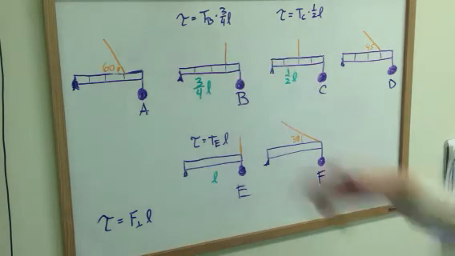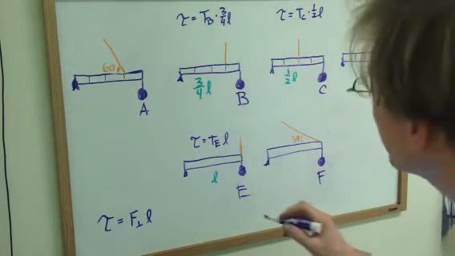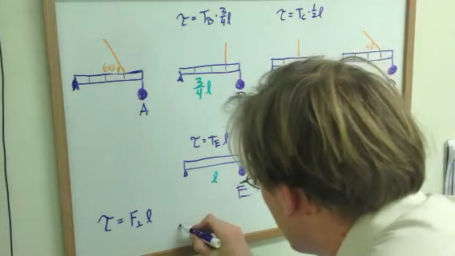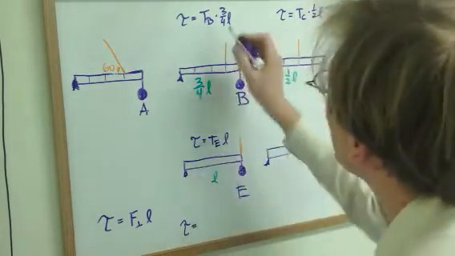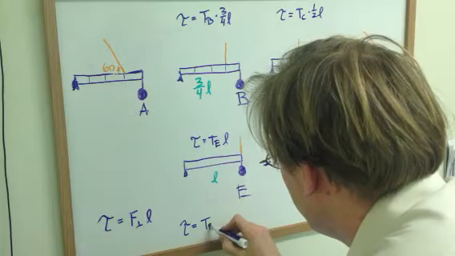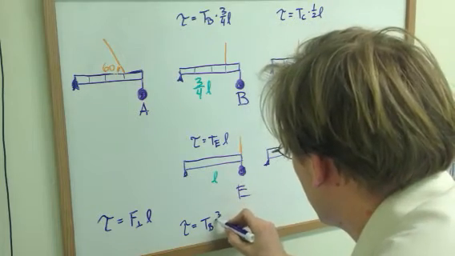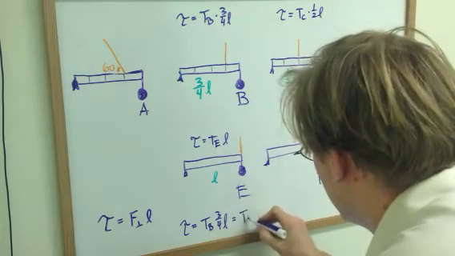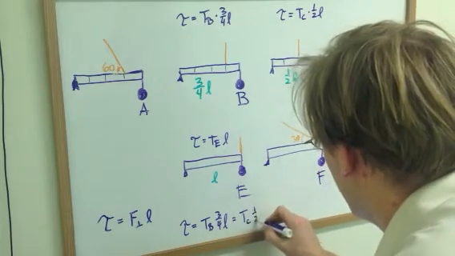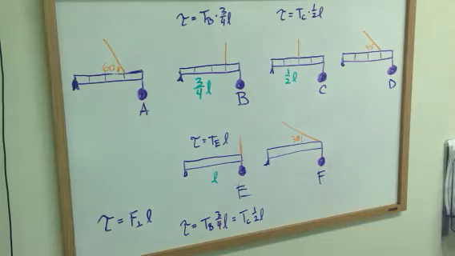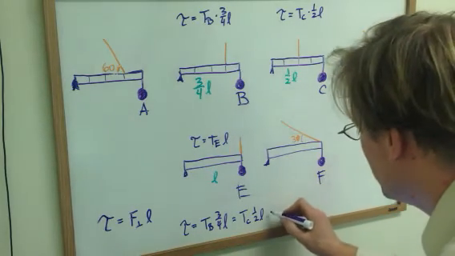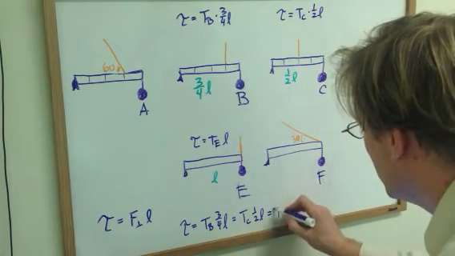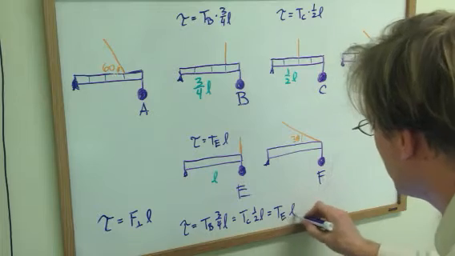If these are all equal, I can write it down here. Torque: tension B, 3/4 L is equal to tension C, 1/2 L, which is equal to tension E, just L.